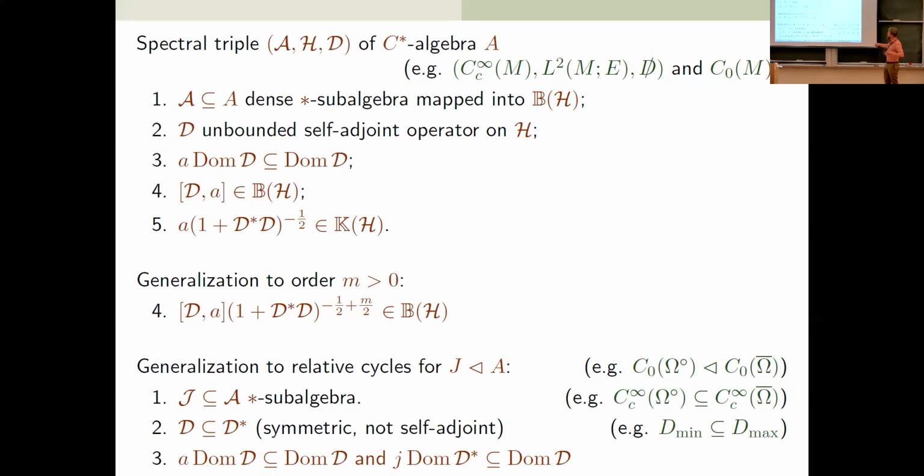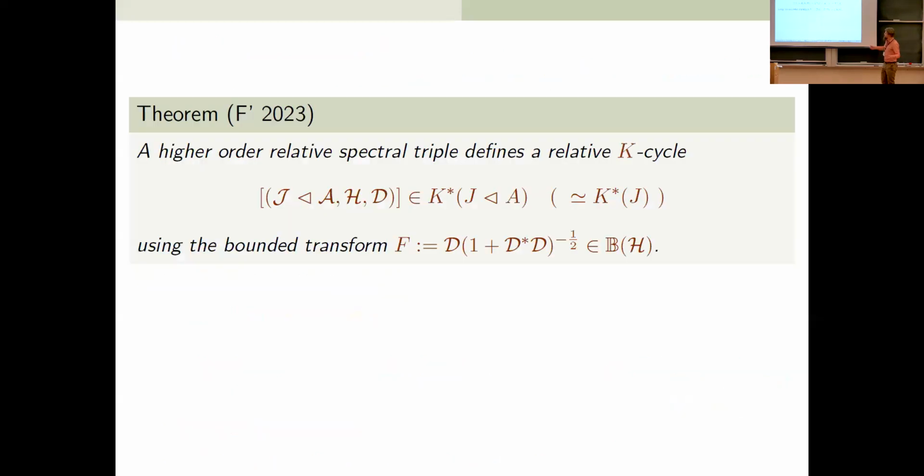So why do we do all this? Because I want to put this in K-homology, so let's see that it works. Such a higher order relative spectral triple defines a K-cycle with the usual bounded transform, essentially by the usual proof using resolvent integrals, but you have to be very careful because it's not symmetric and you have to go back and forth a bit.